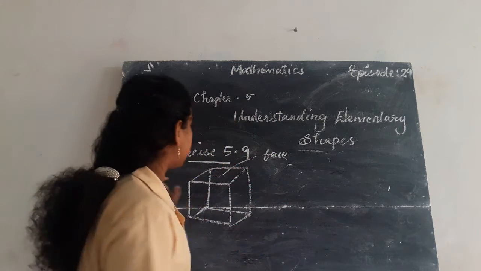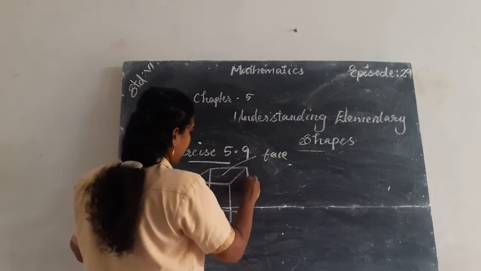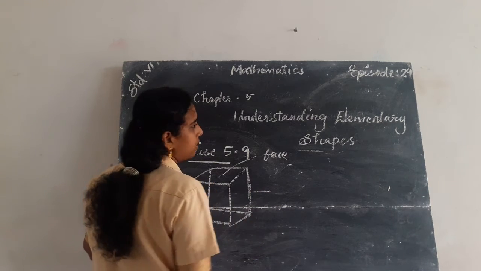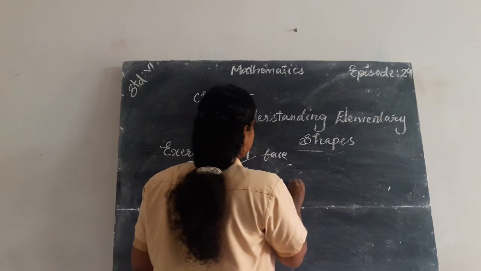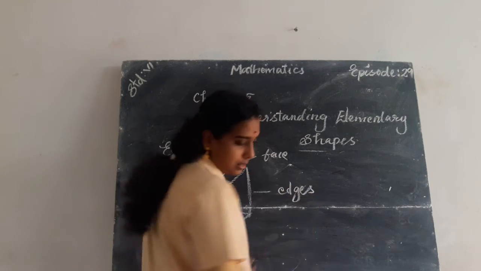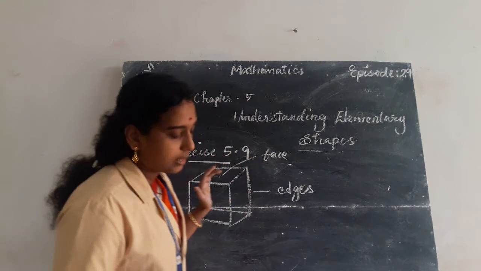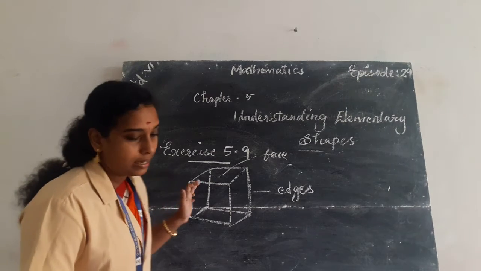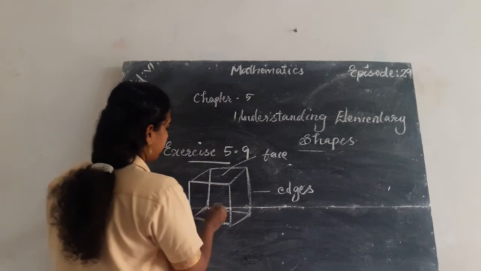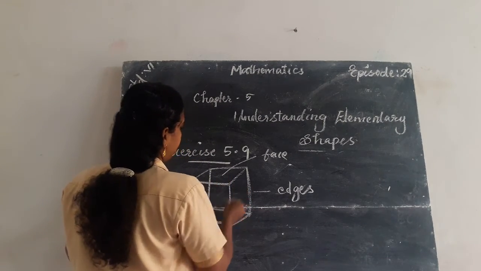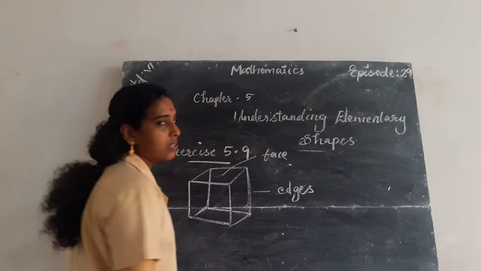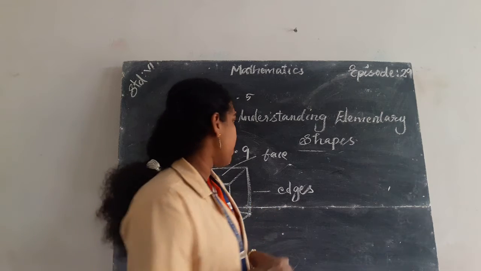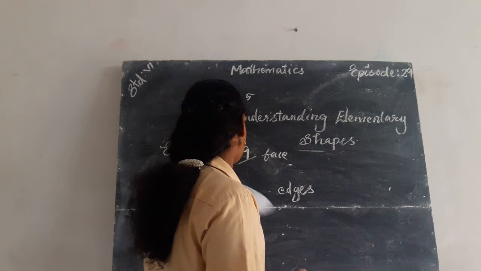And two faces meet at a line segment, and the line segments are called its edges. And when three edges meet at the same point, then it is called its vertex. Okay, so these are the faces, edges and vertices of a cube.